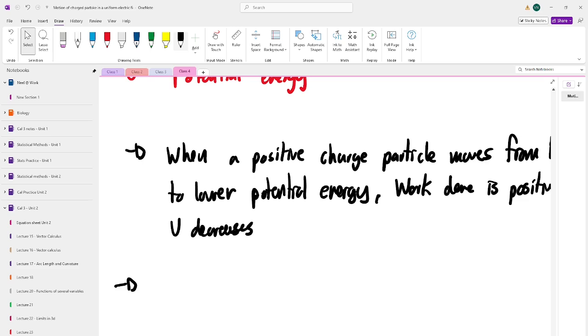And then conversely, if a positive charge moves from lower to higher potential energy, the work done is going to be negative and U increases. And again, it makes sense because if we're moving against the E field, we have to produce some sort of force, right? We need some external force because the E field is pushing against us. It's like walking against the current, right? Or swimming against the current.